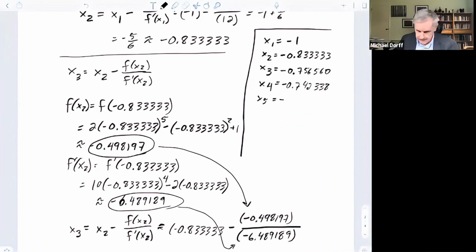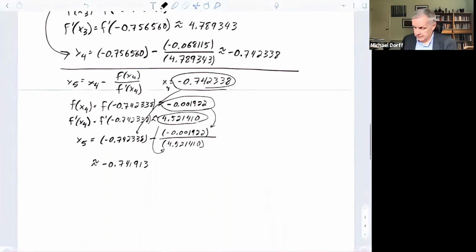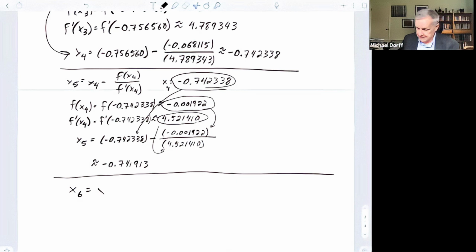So I'm going to now put this back up here in my chart. So I have negative 0.741913. Notice now I have 2 places past the decimal that match. They both have a 7 and they both have a 4. So we're getting closer, but not close enough. So now we'll do x sub 6. Again, same process here, where I'm going to use x sub 5 to be negative 0.741913.